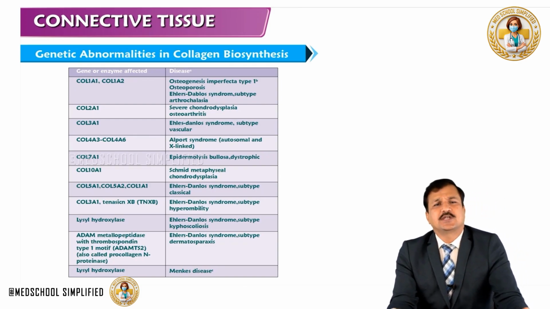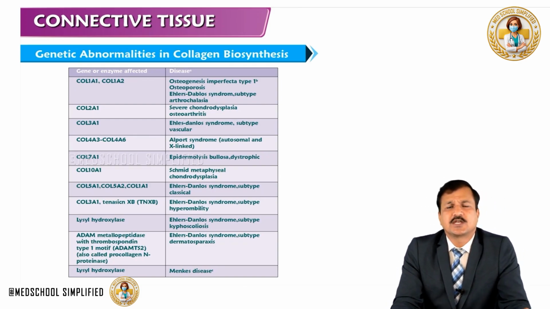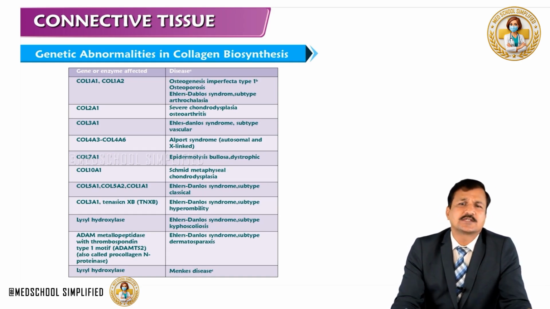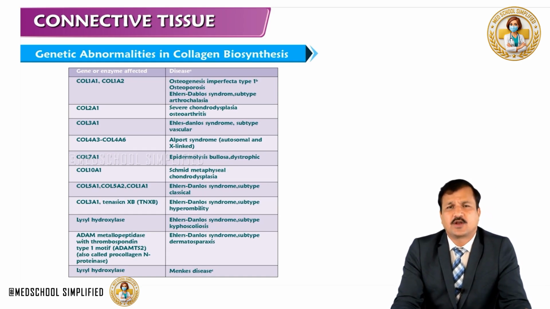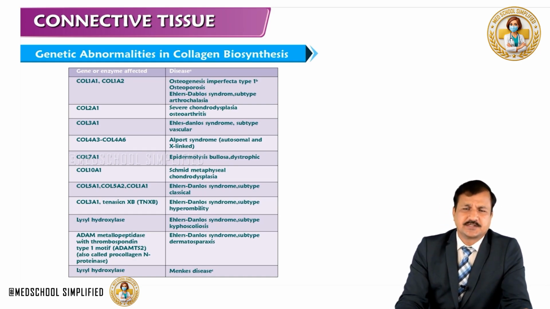The mutations in collagen genes or in genes encoding some of the enzymes, or deficiency of coenzymes or cofactors that are involved in post-translational modifications of the collagen molecule, will result in a number of disease conditions, and those disease conditions are mentioned here in the table.